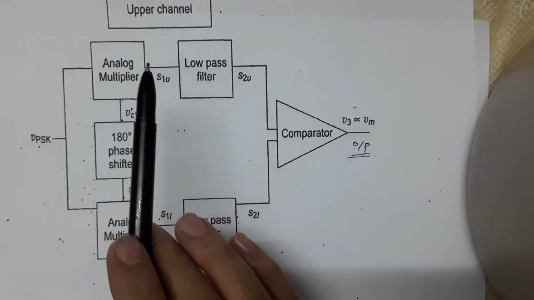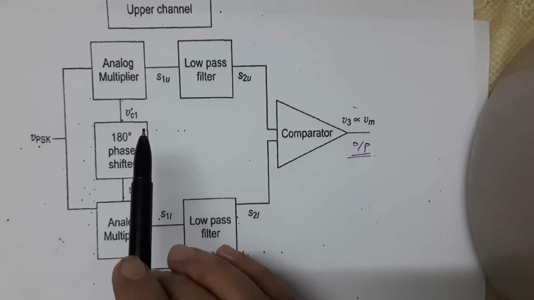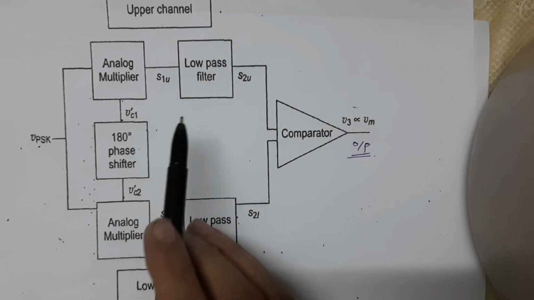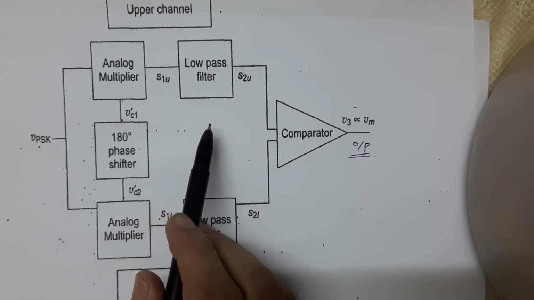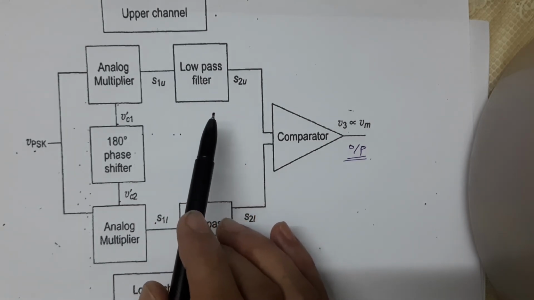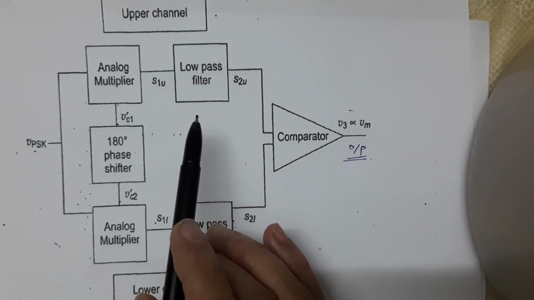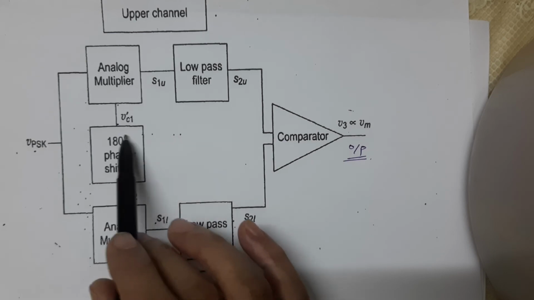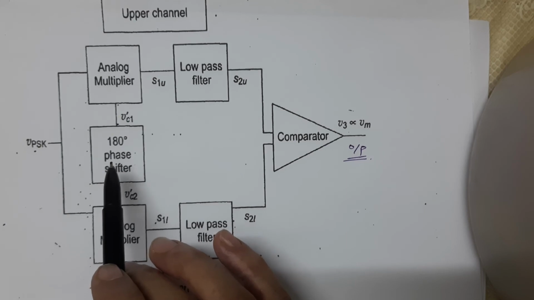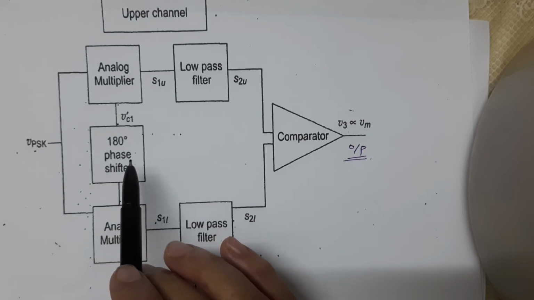The output of the multiplier in the upper channel will be the low frequency message and an ASK signal at twice omega c during the intervals when the PSK is due to the carrier with the phase shift of 0 degree. It will be a 180 degree phase shifted version during intervals when the PSK is due to the carrier of phase shift 180 degree.